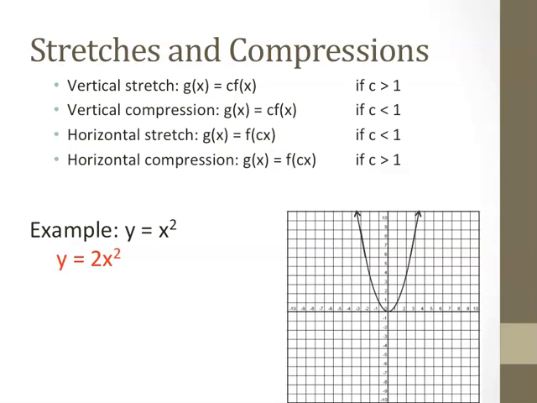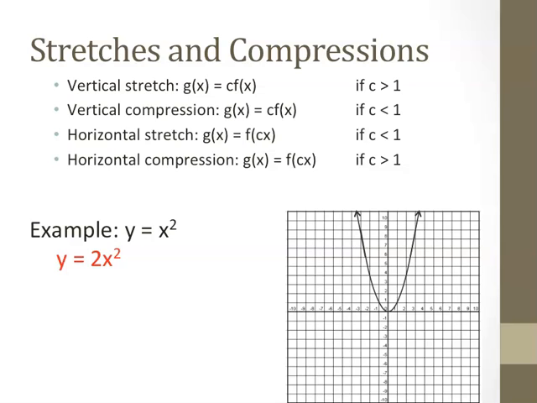Now what does that mean? Well, I like to pick a point that's on the parent function and simply multiply the y value by 2. So for example, for our parent function y equals x squared, we know that (2, 4) is a point on that graph. So for y equals 2x squared, instead of (2, 4), (2, 8) would be a point on that graph.